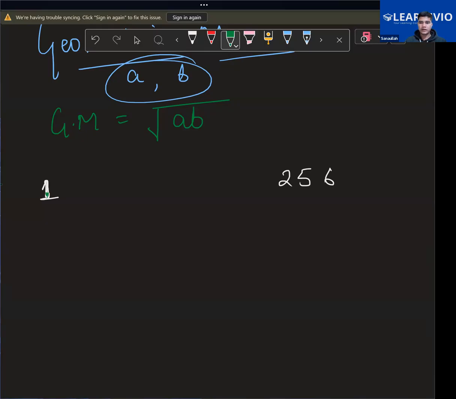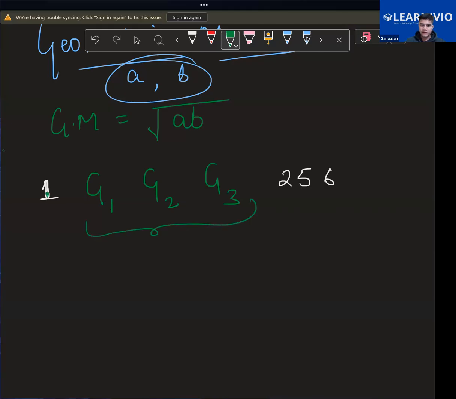Okay. In that case, you have to use the concept of geometric mean. So I have to insert three terms. So I will insert geometric mean 1, geometric mean 2, and geometric mean 3.